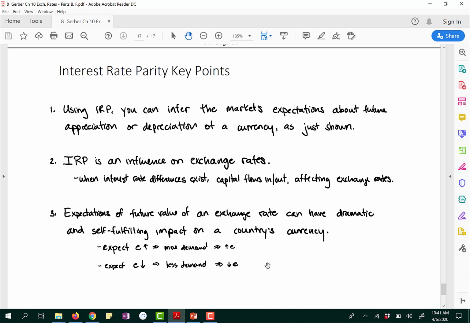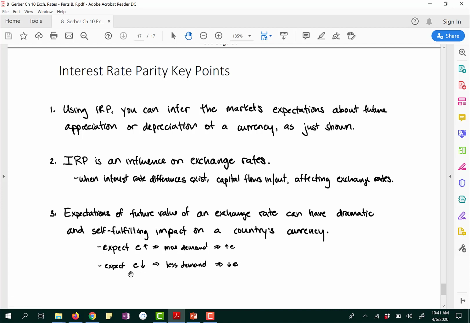Right now, the Swiss currency is often seen as a safe haven currency, and because of the coronavirus, there's an increased demand for it, and the central bank is actually intervening to prevent the Swiss franc from appreciating. But safe haven demand is an example for this.